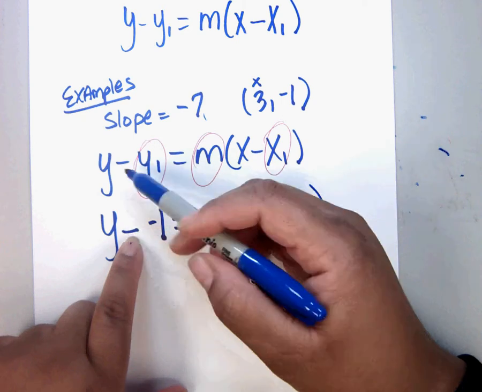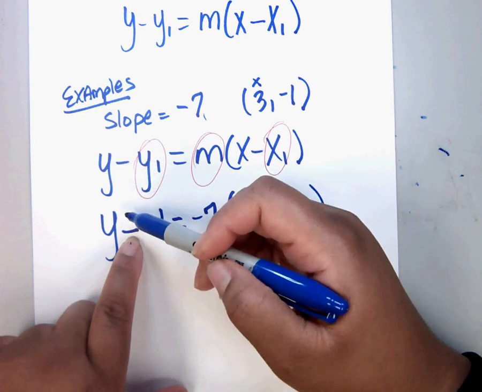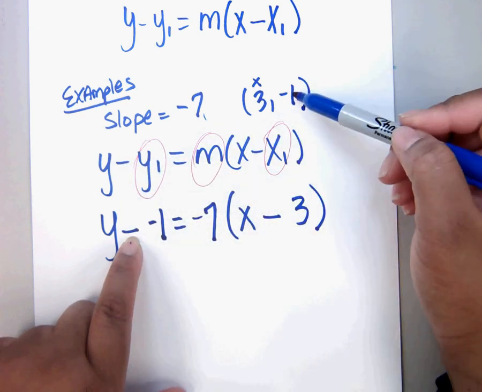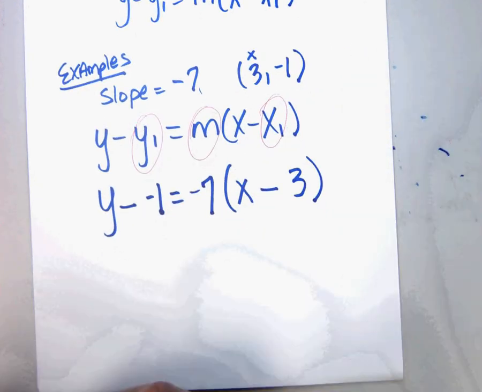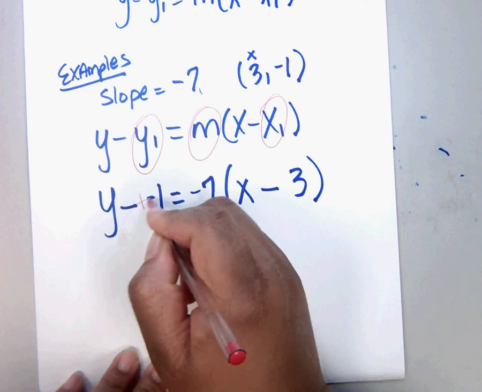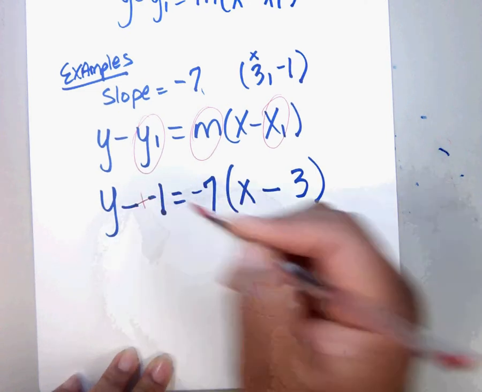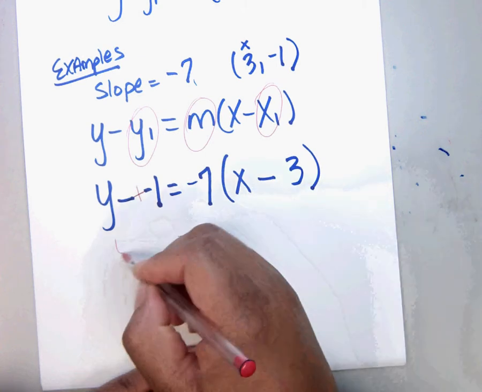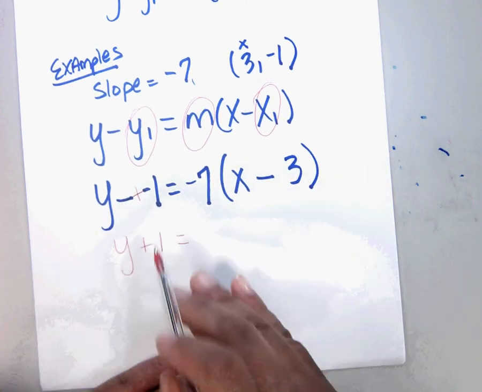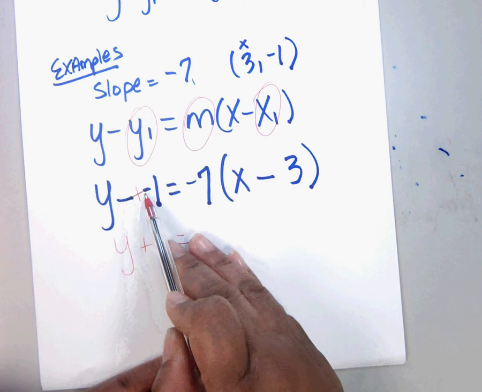This minus sign came from the formula. y1 is negative, so you have to write -1. Now this becomes a plus sign because that is a double negative, and we bring down our y plus 1 now because of the minus and the negative.